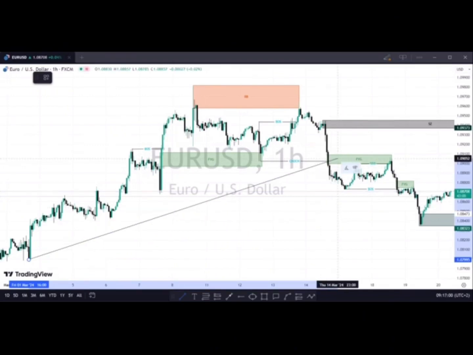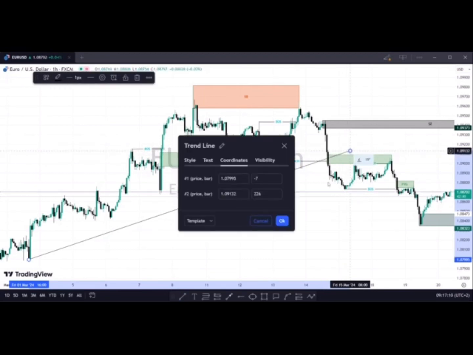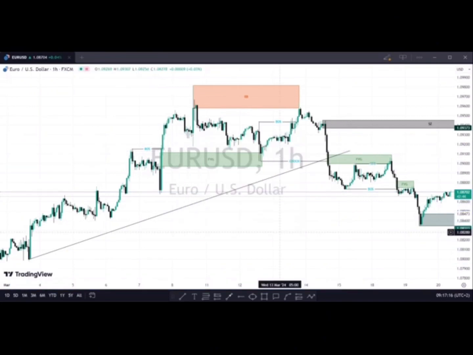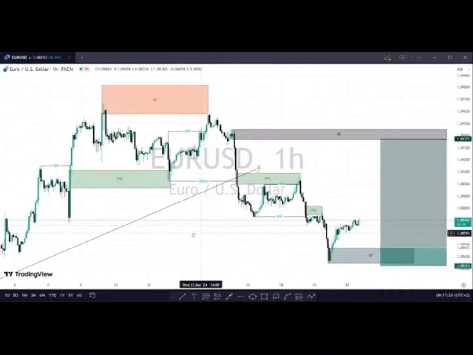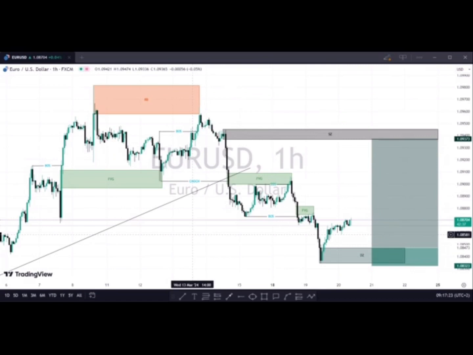Let me just try to draw a trend line here so that you can see we have a clear shift. Now that we have the swing low taken, we are looking at a bearish market. We are moving from bullish to bearish.